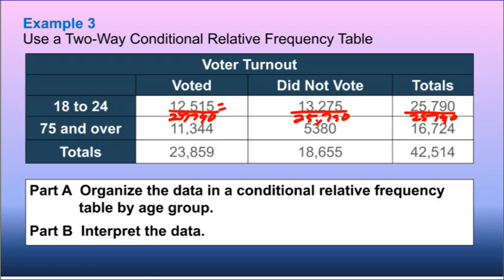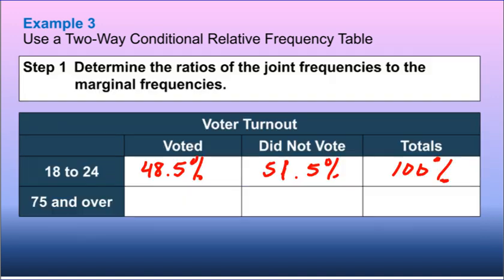75 and older. We're going to divide these by 16,724. So we have 11,344 divided by 16,724. That gives us 67.8%.